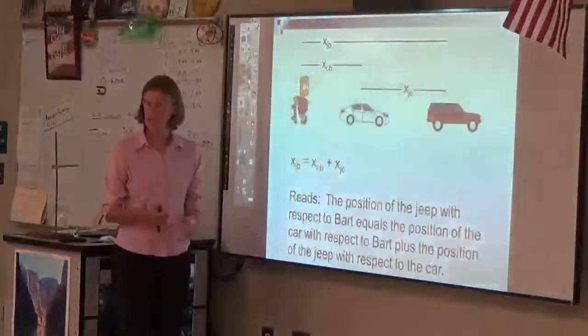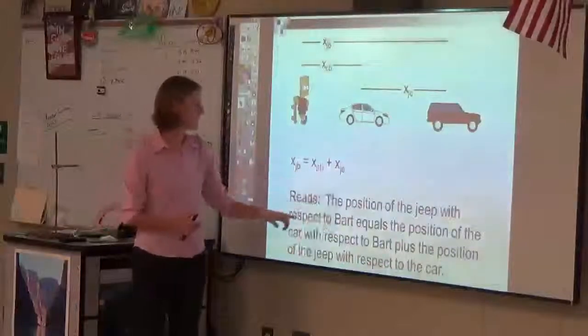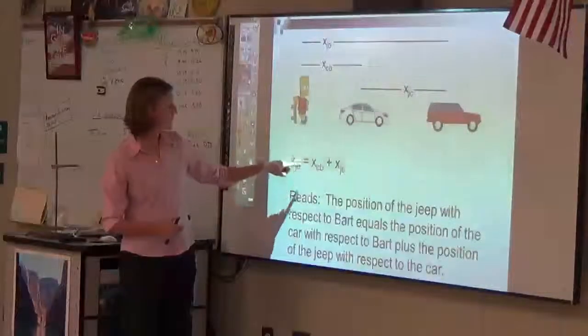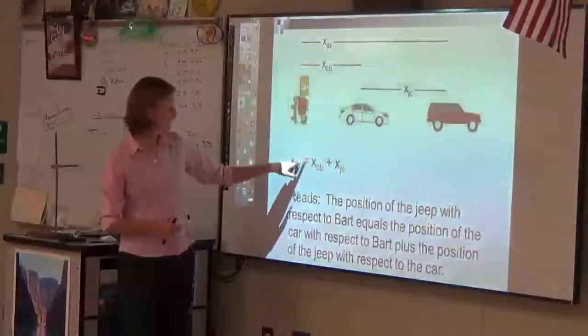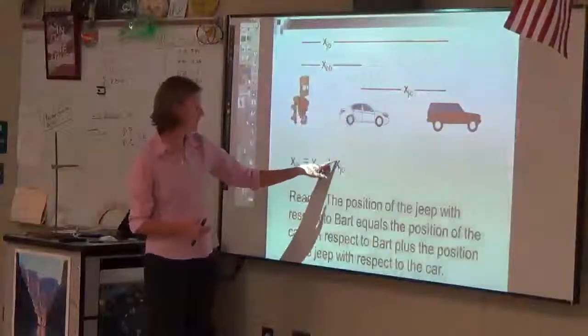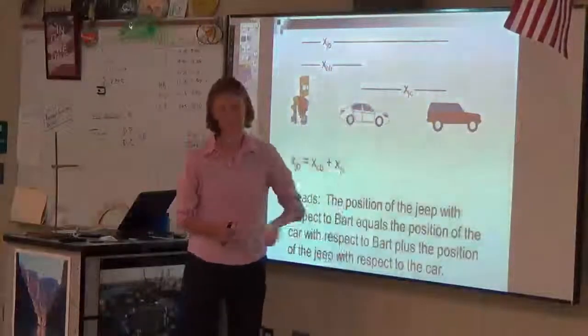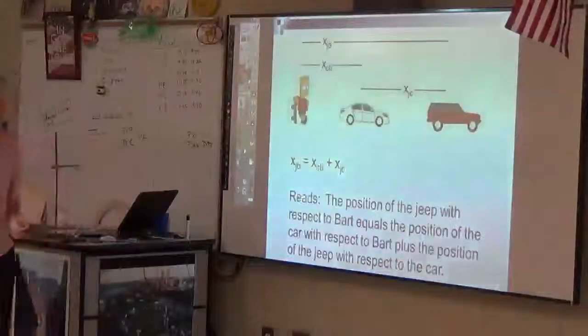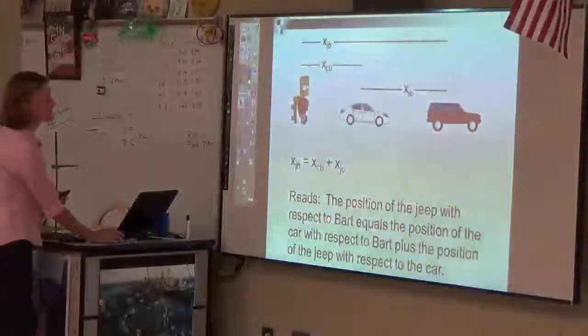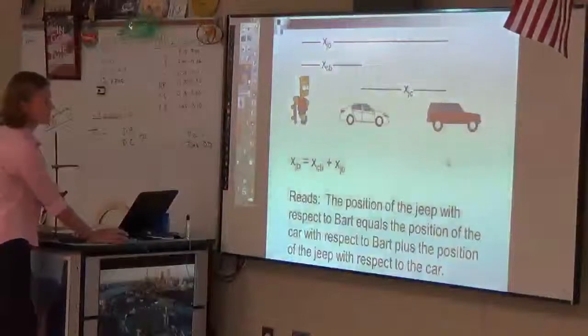Does that make sense? So the way this is read, the position of the Jeep with respect to Bart would be equal to the position of the car with respect to Bart plus the position of the Jeep with respect to the car. But hopefully that little drawing makes sense. If you just added up those distances, it would be the same total distance.